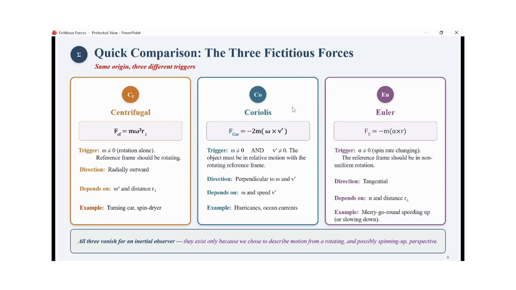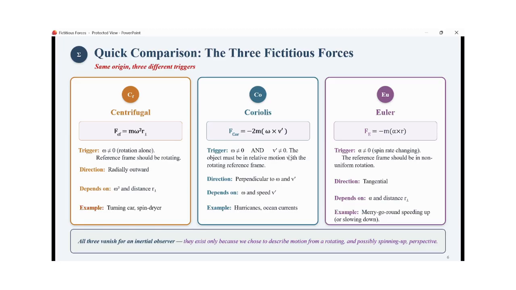The second type of force, that is the Coriolis force, is a very important force, and it is given by this expression. For this we require two conditions. The first condition is that omega should not be 0, that is the frame should be rotating. The second condition is that the object should not be at rest relative to the reference frame. In the first case, the object may be at rest, but in this case specifically the object should not be at rest.